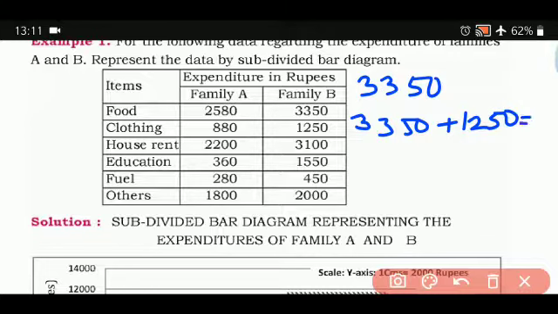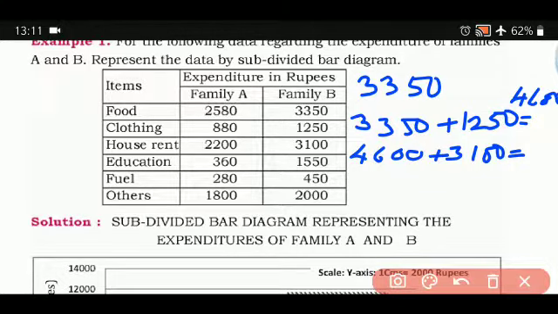Okay, that is 4600. Plus 3100. I have no space, but I'm just showing it to you all. So 4600 plus 3100 is 7700.